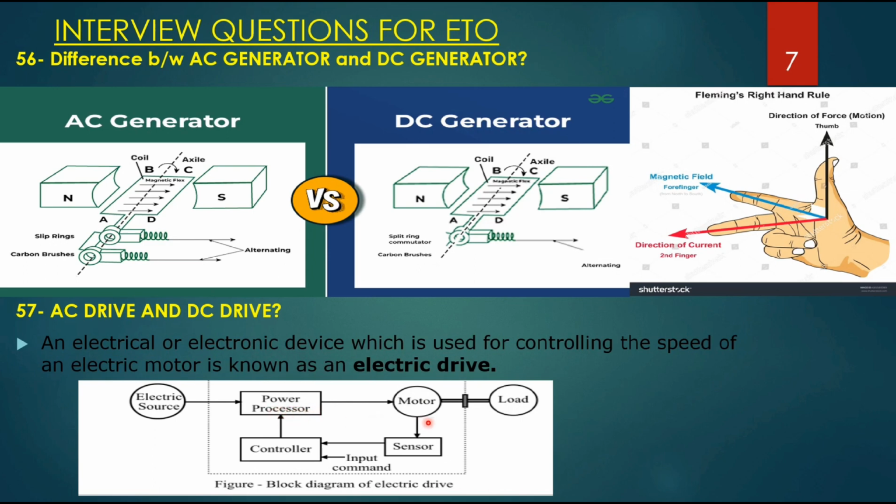Here is the power processor, and a sensor will be there. The sensor will sense the speed of the motor and give the signal to the controller, like how much speed we want, and the controller will give it to the power processor, and depending on the speed, it will give the power to the motor, and by that we can vary the speed of the motor.